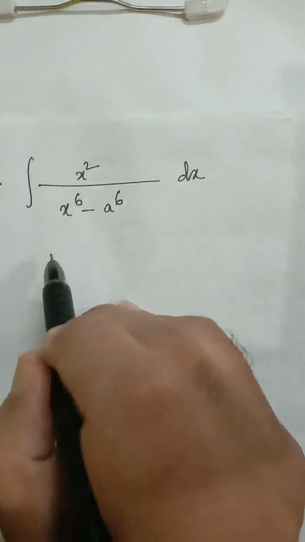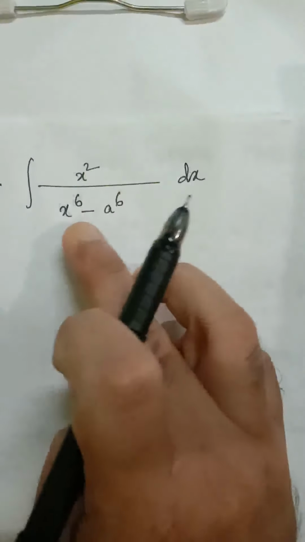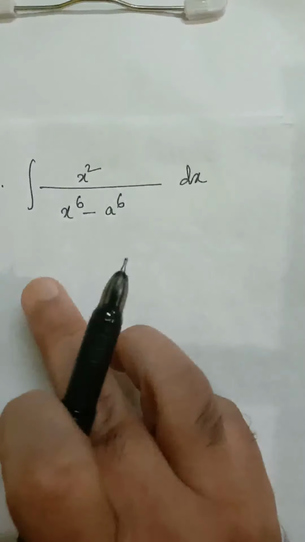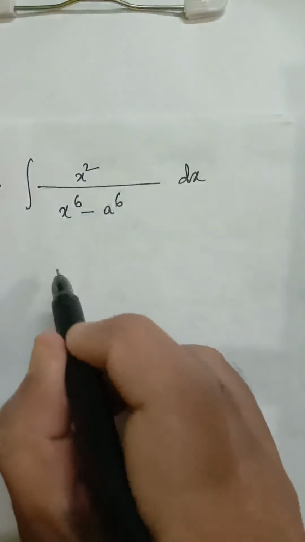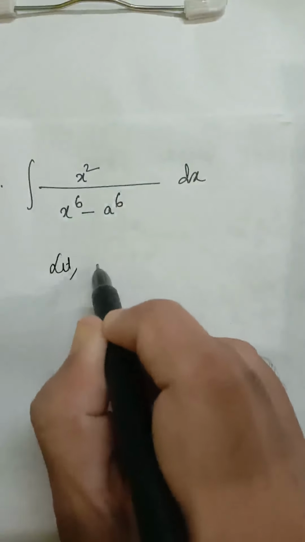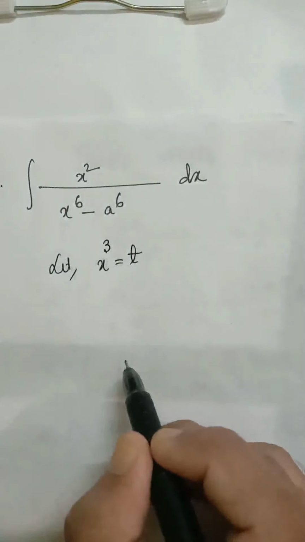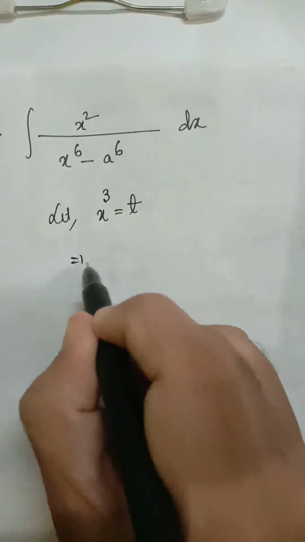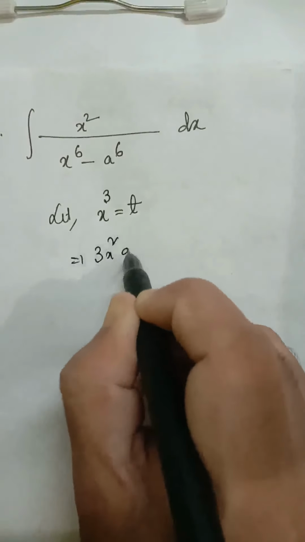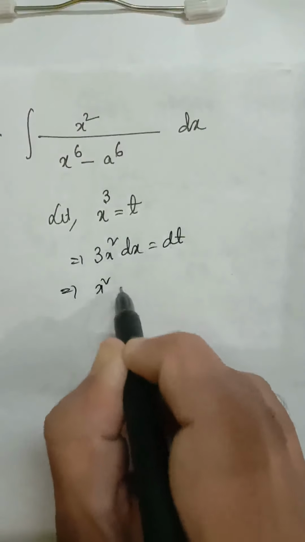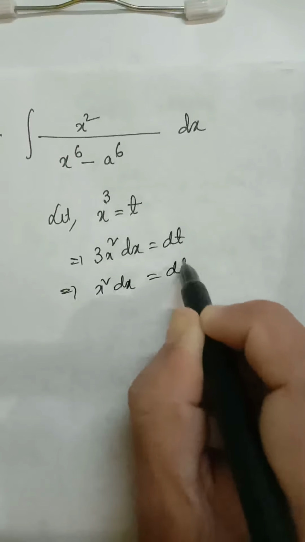Now think in this way: if we differentiate x cube we will get x square. So what we will do, we will put x cube equal to t. In that case if we differentiate we will get 3x square dx equal to dt, and x square dx equal to dt by 3.